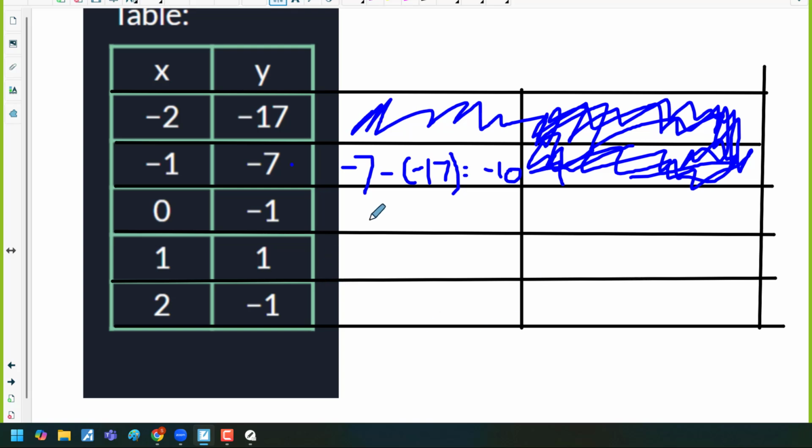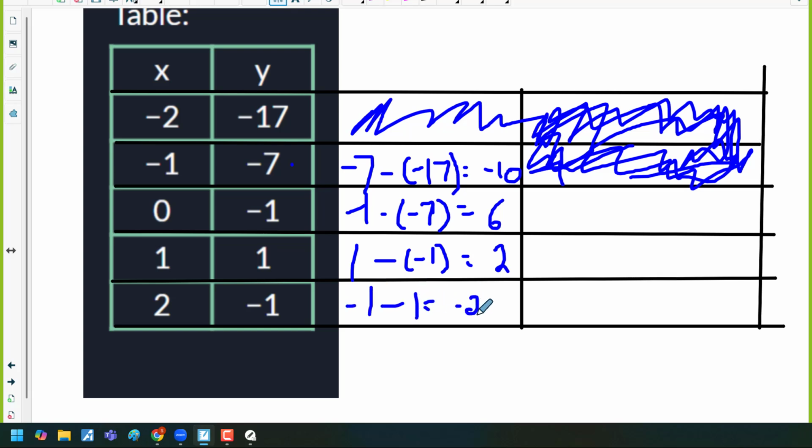10. Here we have negative 1 minus negative 7. So that's negative 1 plus 7, which is going to be positive 6. Here we have 1 minus negative 1. That's basically 1 plus 1, so you have 2. And here we have negative 1 minus 1, which is the same thing as negative 2.